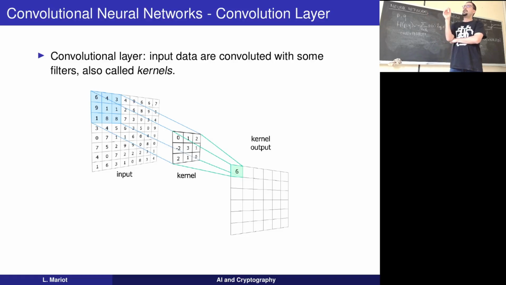But each layer can be either a convolutional layer, like this one, or a pooling layer, which we will see in the next slide. So in the convolutional layer, we represent our input as a vector or a matrix, and then we compute a so-called convolution with some fixed kernel that is linear. What does it mean?